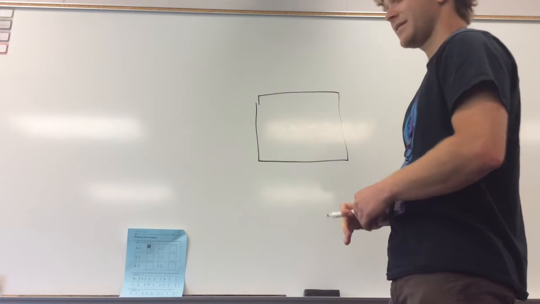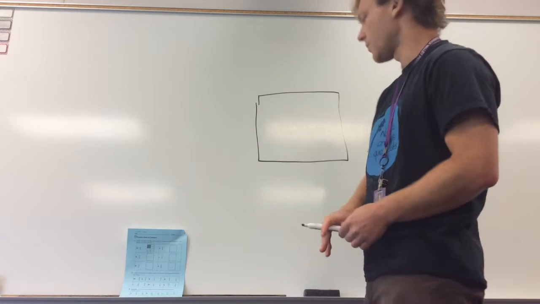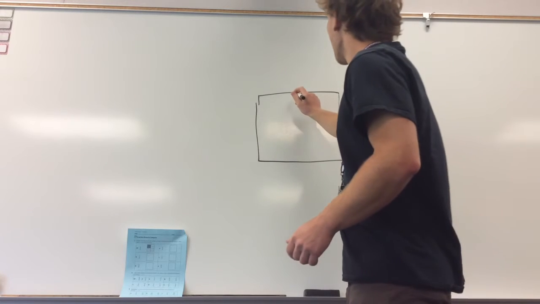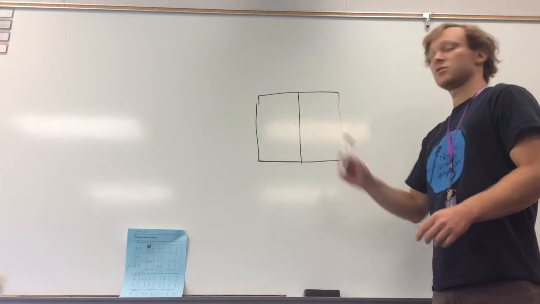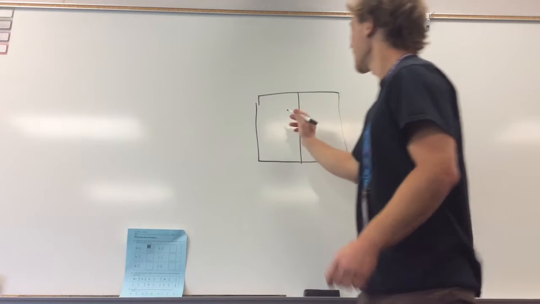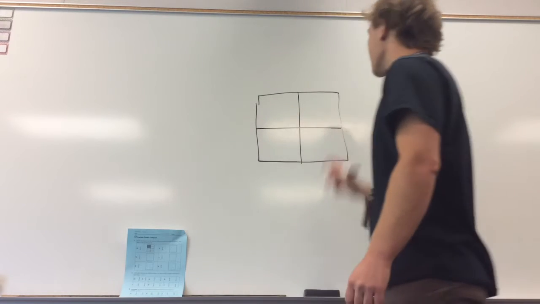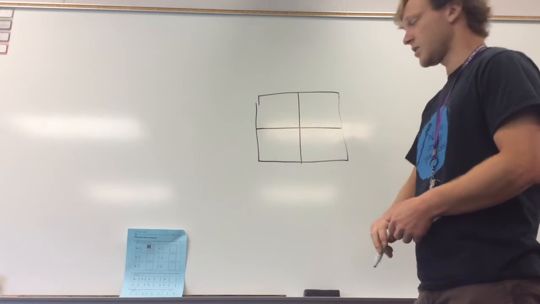But I did the best I could, and that is great. So we're trying to divide this into 4 equal parts. If I divide it into 2 equal parts, we have 2 halves here. So I'll need to break those halves in half again, and I'm going to do that this way. That will be 1, 2, 3, 4 equal parts.